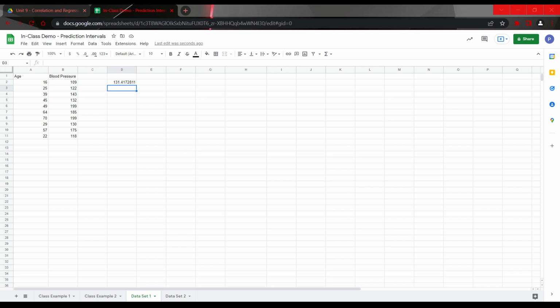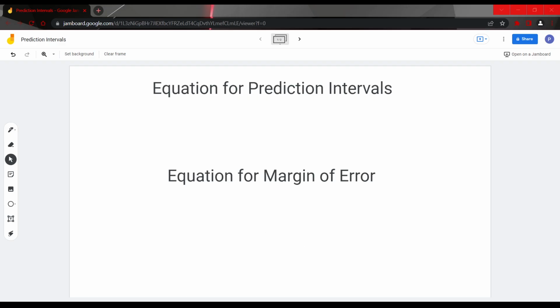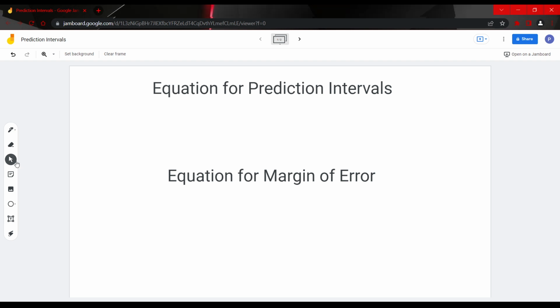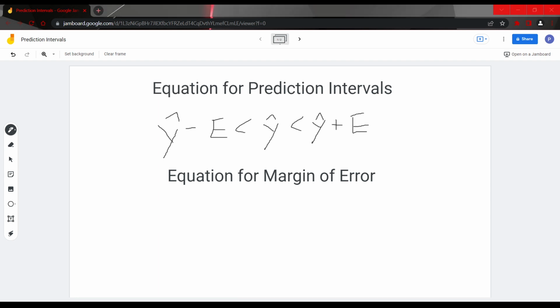Let me switch over. Our prediction intervals will be in the form of y hat minus E is less than y is less than y hat plus E. And this should look somewhat familiar.